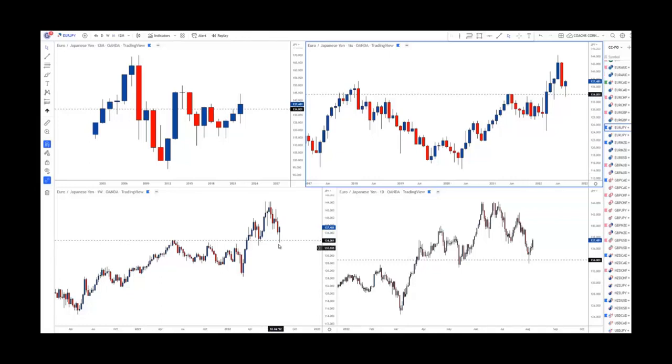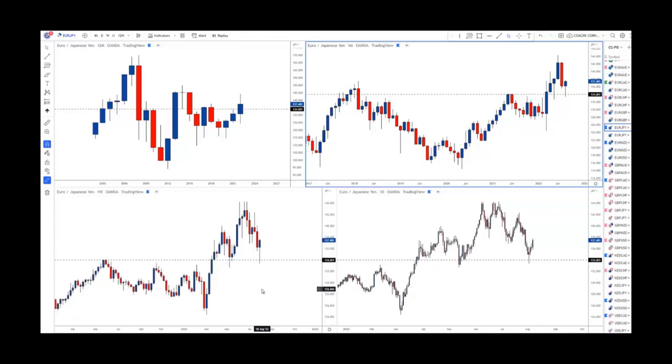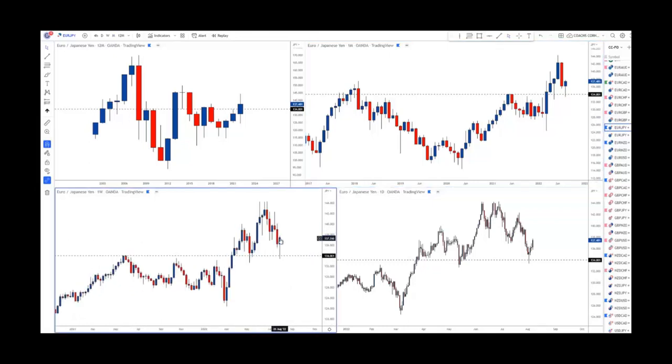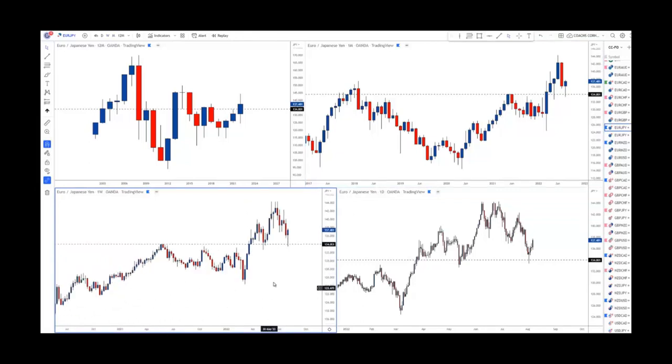Price hits that level, and then we get a weekly no-brainer candle. If I ask 100 traders, 100 out of 100 will agree that this is a bullish candle action. Okay? So everything is in our favor now, because this is a weekly level, it's a weekly signal. The signal comes within the weekly chart.